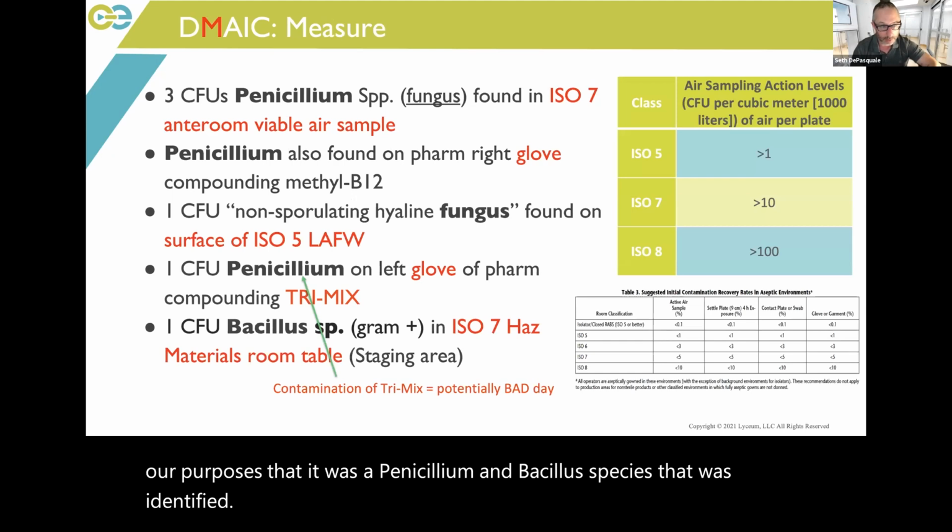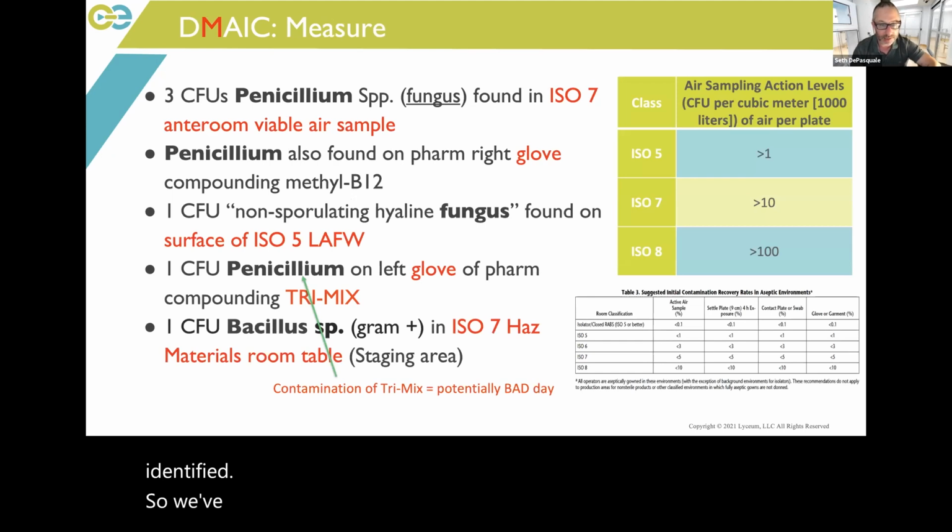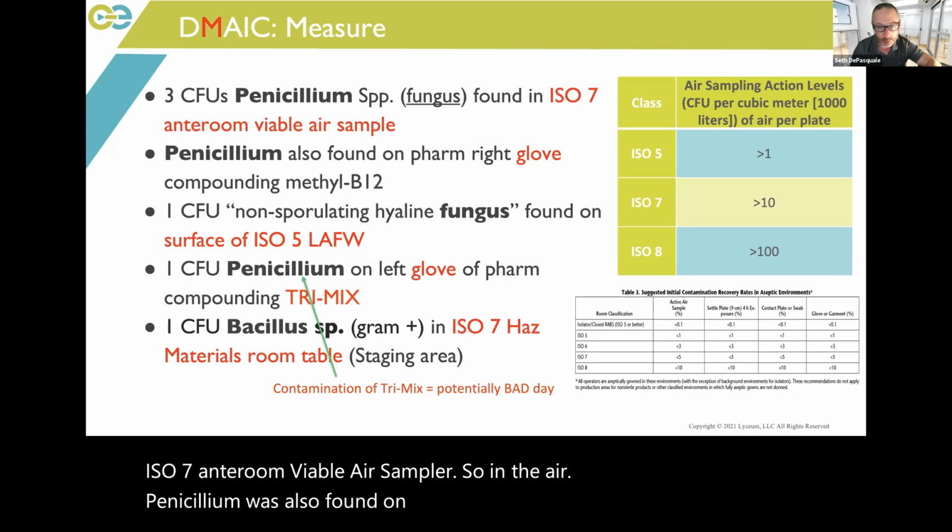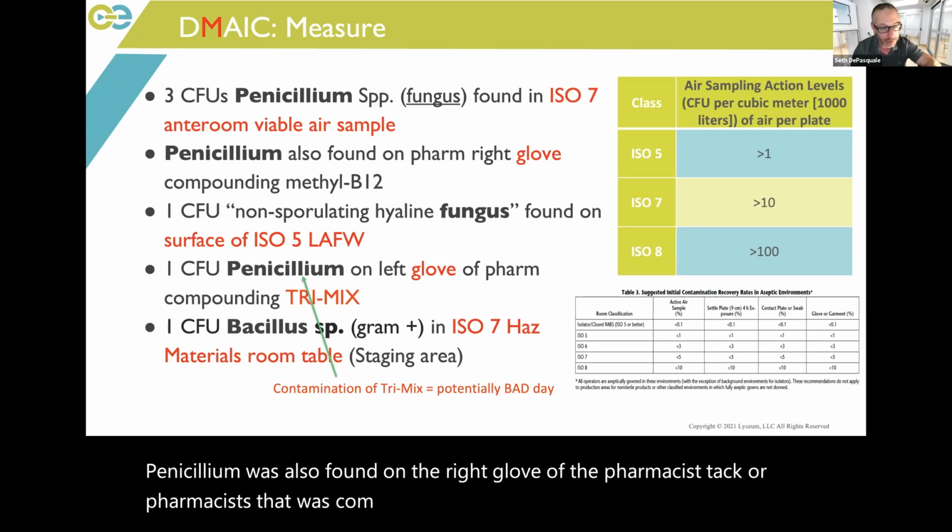So we've got 3 CFUs of Penicillium, which is a fungus, found on our ISO 7 anteroom viable air sampler, so in the air. Penicillium was also found on the right glove of the pharmacist compounding cyanocobalamin.